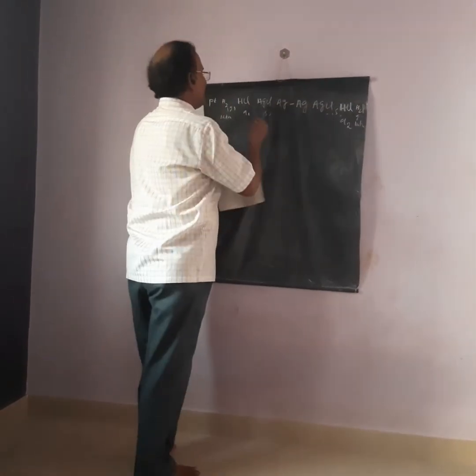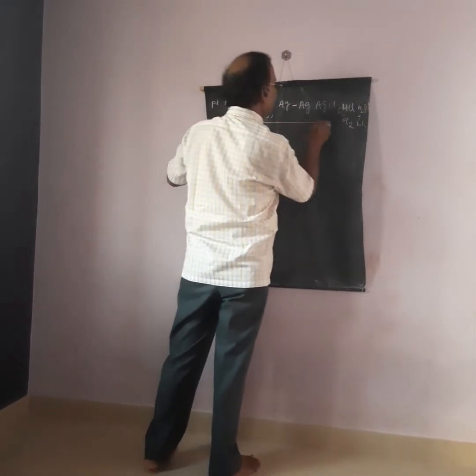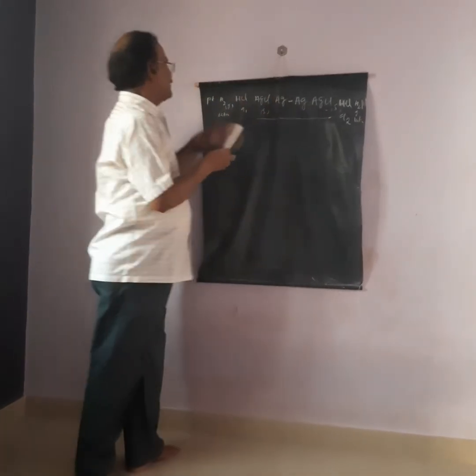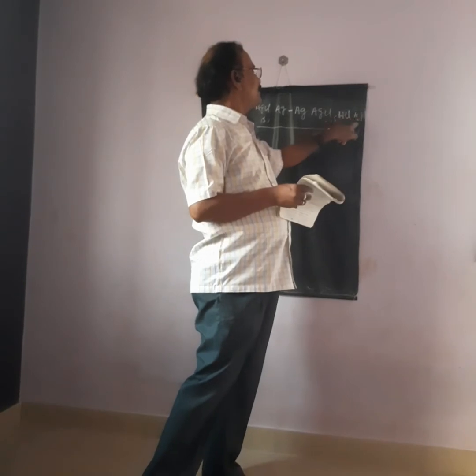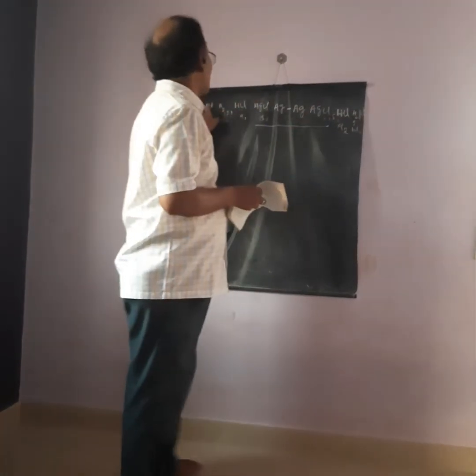So this is the assembly: HCl A1 with H2 gas, HCl A2 with H2 gas, platinum.